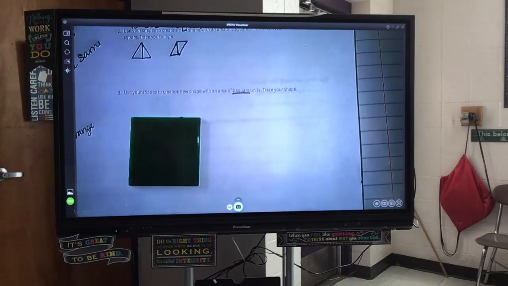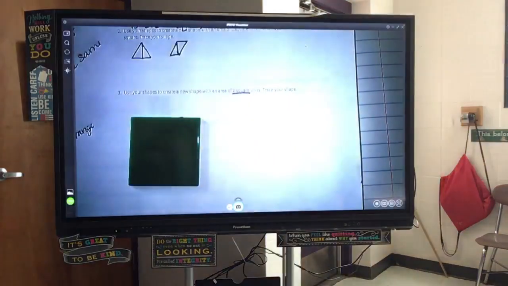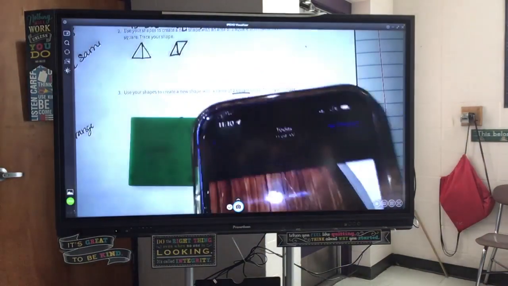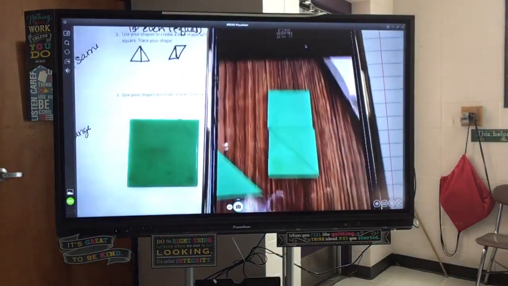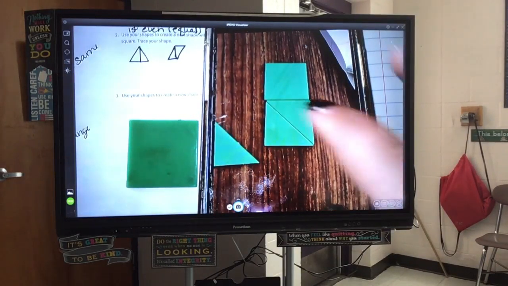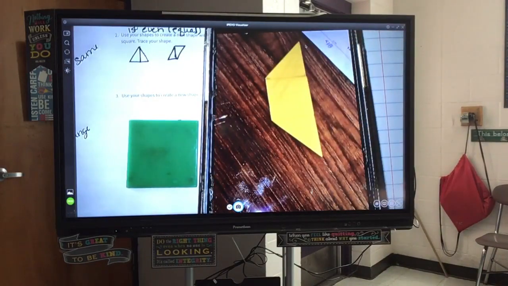All right, have a seat. Now, this was one that was created. How many of you guys created a rectangle? Perfect. All right, this was another one that was created.